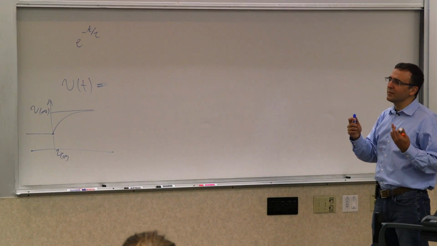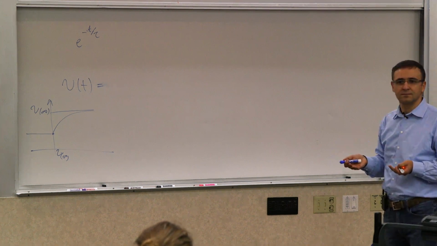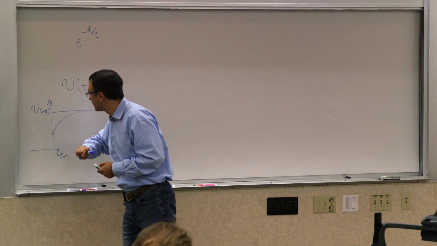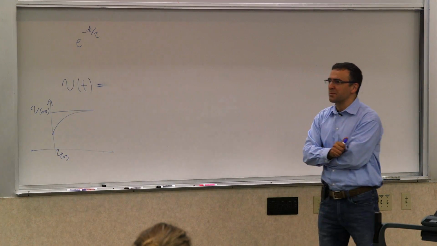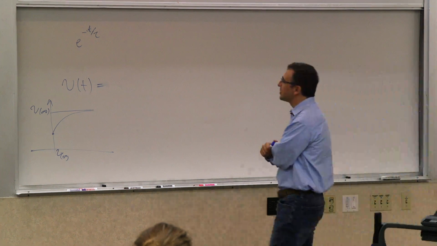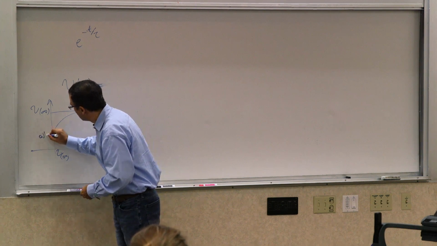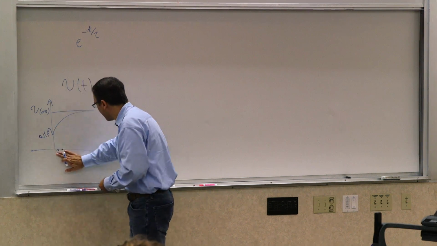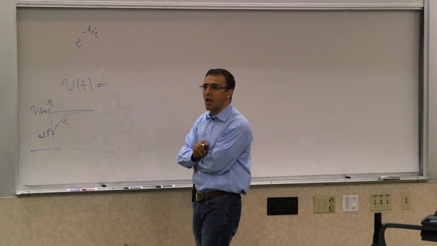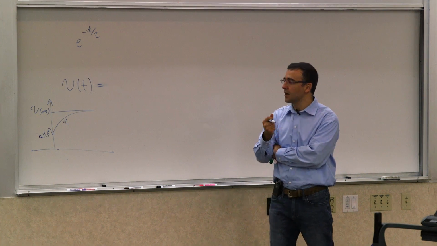So we want to construct a function that goes from an initial value to a final value, and you don't even worry about stuff that happens at negative time for now. That's before the Big Bang. So you go from some initial value, v of 0 plus, to some final value, with some time constant tau. You're trying to construct a waveform, a function that does this.